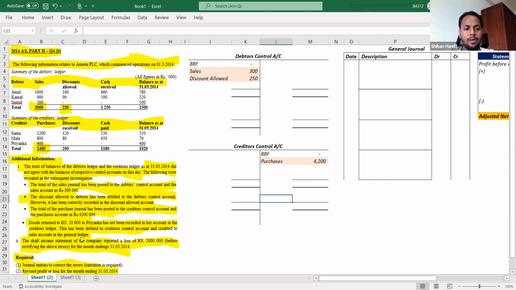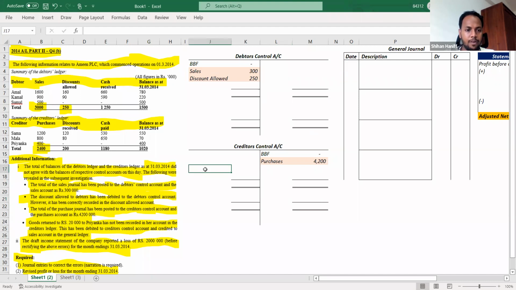It's not recorded in her account in the creditors ledger. It has been recorded in sales.